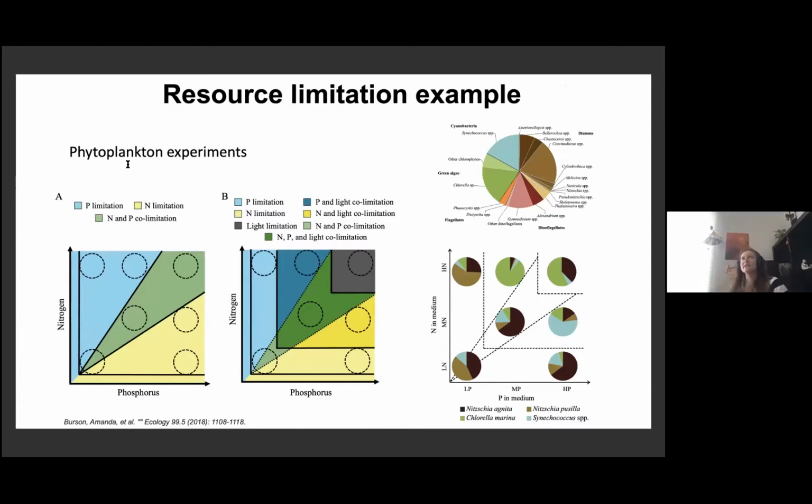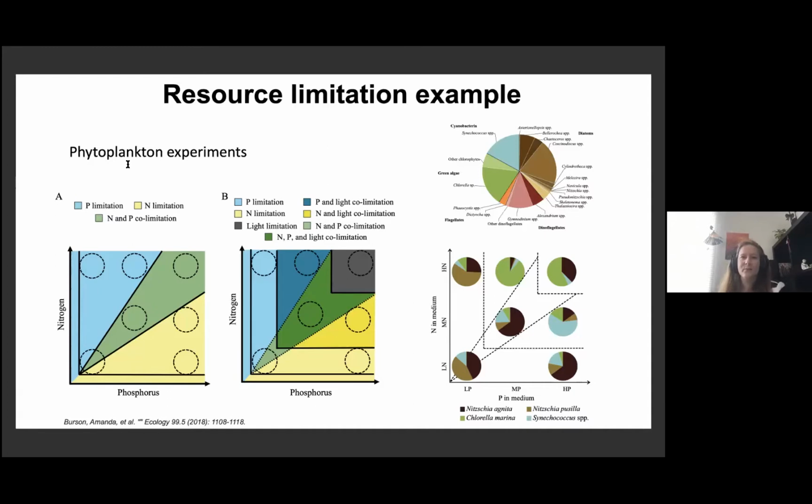Basically, this whole resource limitation is mostly studied in marine ecosystems, because in marine ecosystems, people confirmed that they are severely limited by many resources like nitrogen, phosphorus, iron, and sometimes light. So in various parts of the oceans, there can be different limitation conditions, and then you will observe different communities.